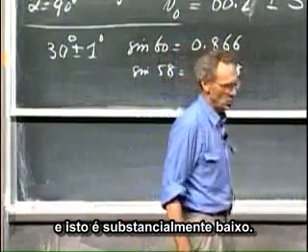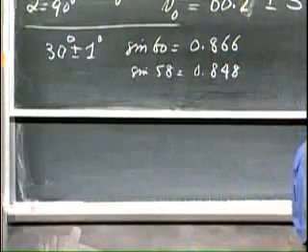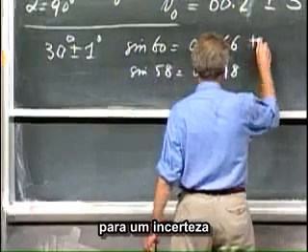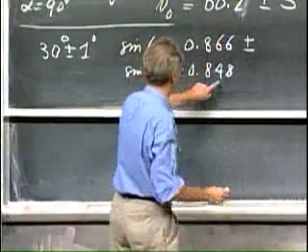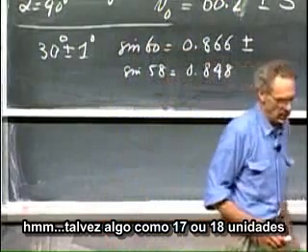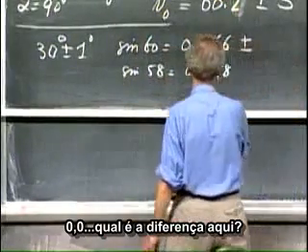And that is substantially lower. And therefore, I must allow for an uncertainty in the sine of the angle by roughly, maybe something like 17 or 18 units. What is this difference?